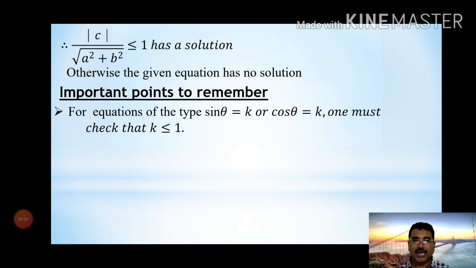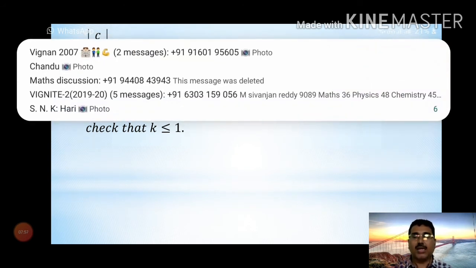Now, second point. Take an example: let x is equal to 2. Squaring on both sides, we get x square equal to 4. That implies x equal to plus or minus 2.